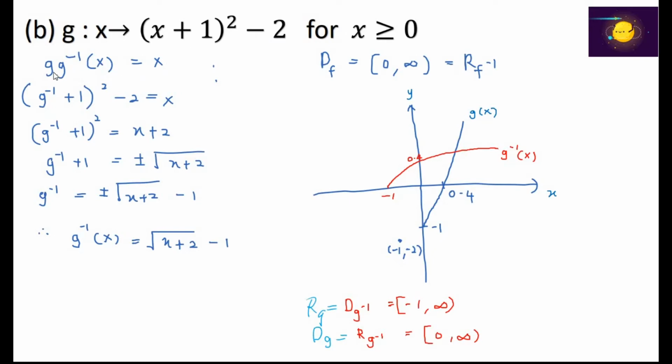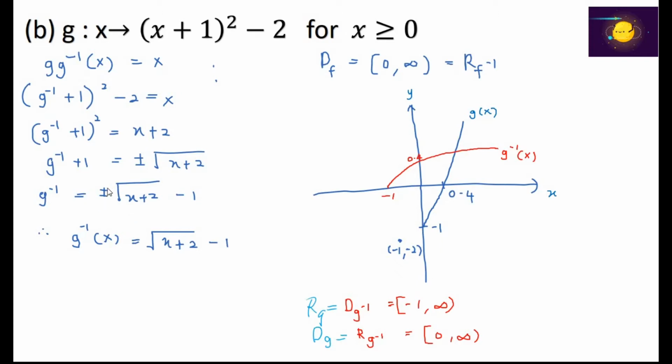So we use the property g of g inverse is equal to x. From here we just substitute into g(x). So we have (g inverse of x plus 1) squared minus 2 is equal to x. From here we'll get g inverse of x is equal to the square root of x plus 2, minus 1.